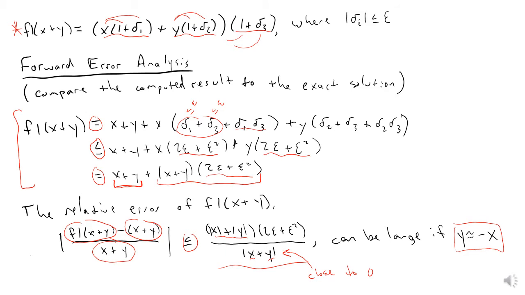So the moral of the story in all this forward error analysis, something we're going to have to be careful with in our computer algorithms, is that we need to look out for any steps in the process where we might be subtracting numbers that are really close to each other.